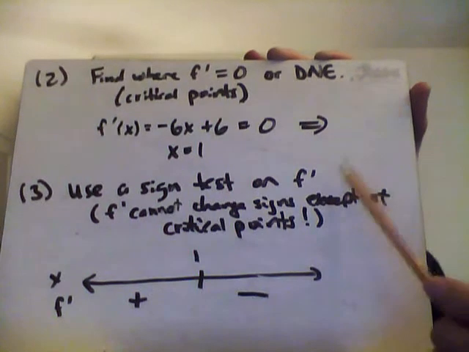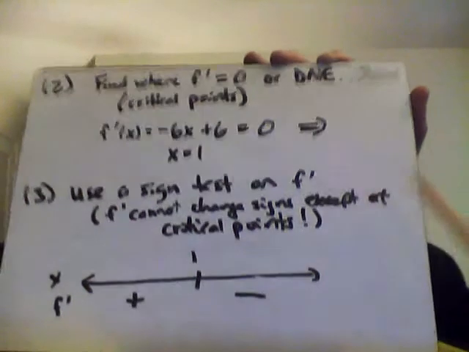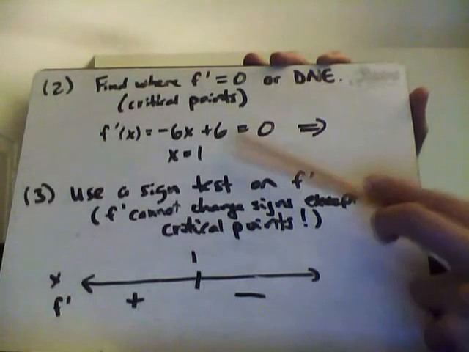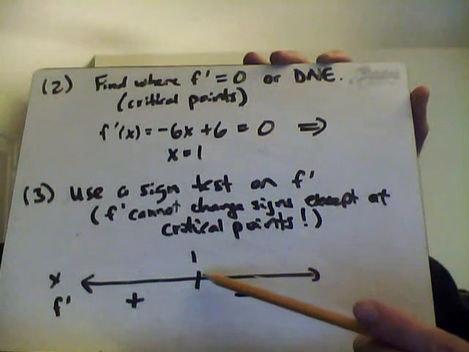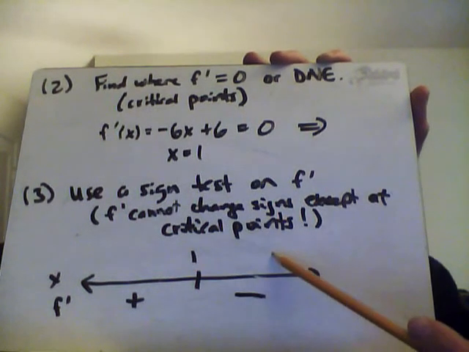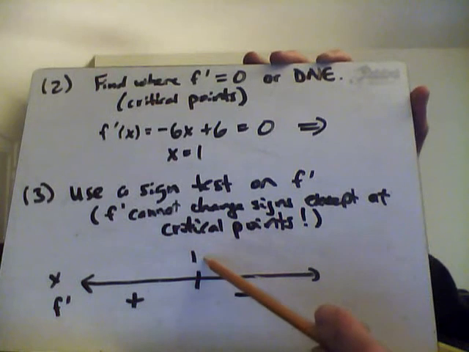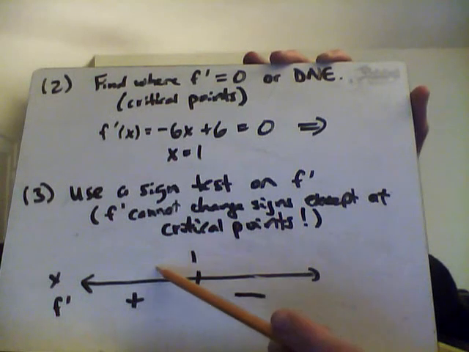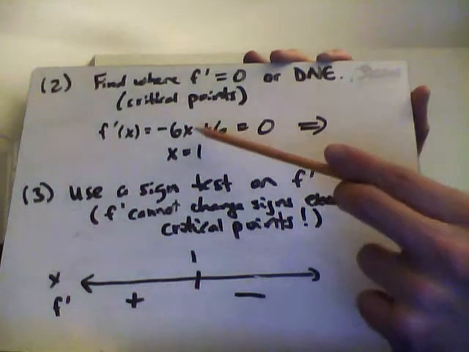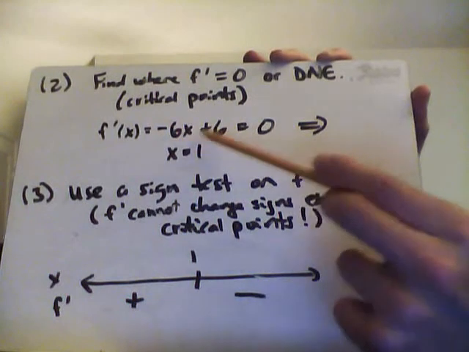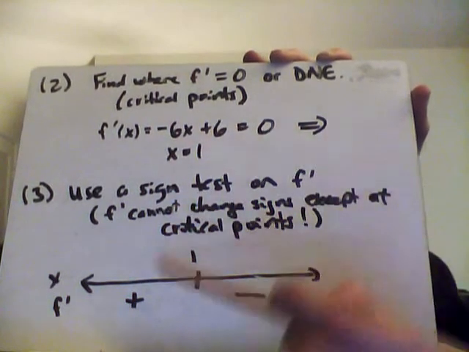So how do you do a sign test? Well, what you need to do is take a look at your derivative and choose points both to the left and to the right of your critical points. For example, if we choose a number that's to the left of x equals 1, for example x equals 0, we will end up finding that f prime is equal to 6, which is a positive number.